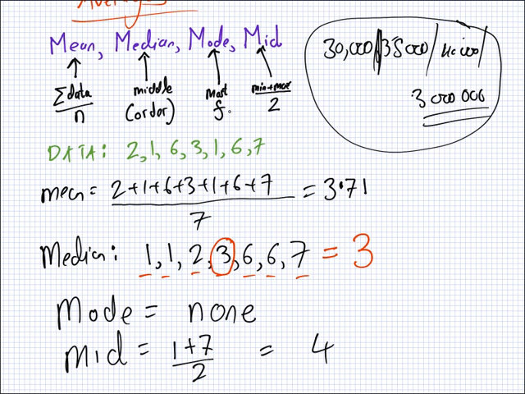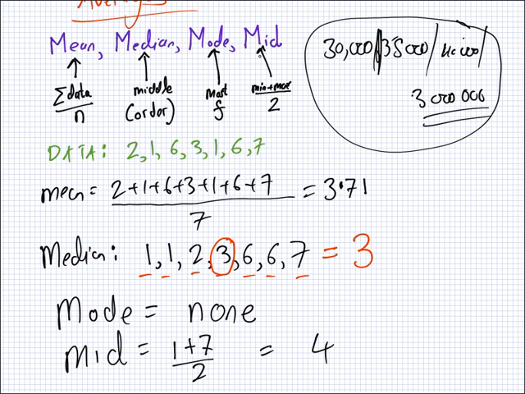Because when you look at all of these methods, the mean will take some time to calculate. Why? Because you have to add up all the data, right? The median will take some time. Why? Well, because you have to order the data. The mode will take some time. Why? Because you have to count, right?